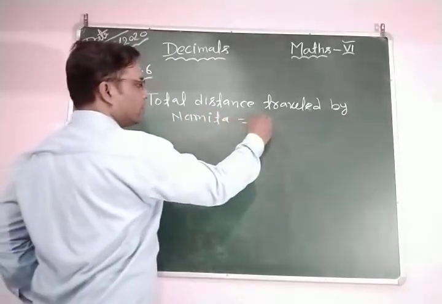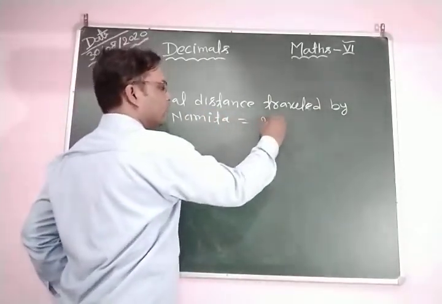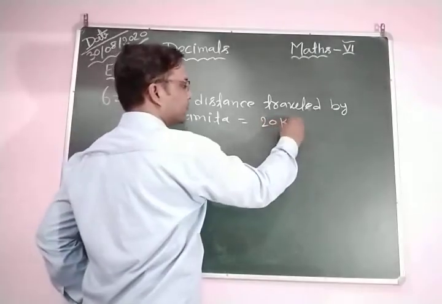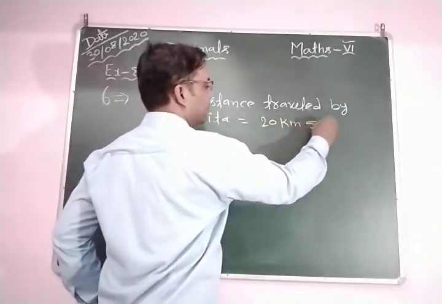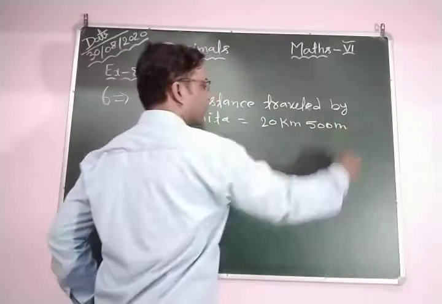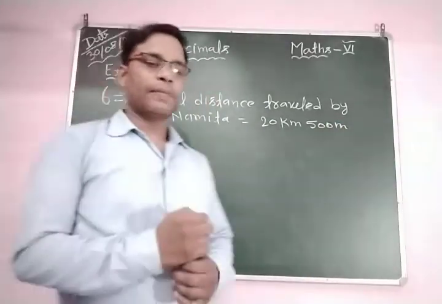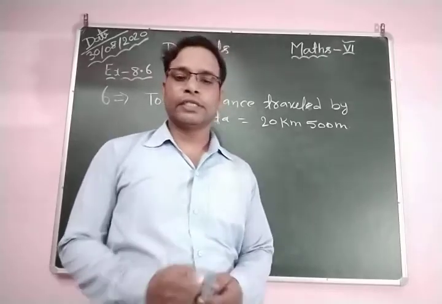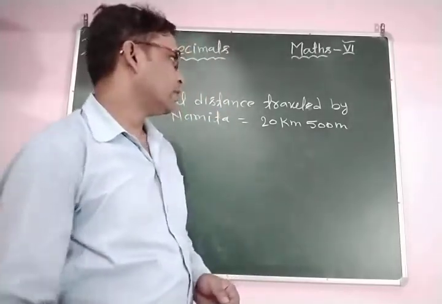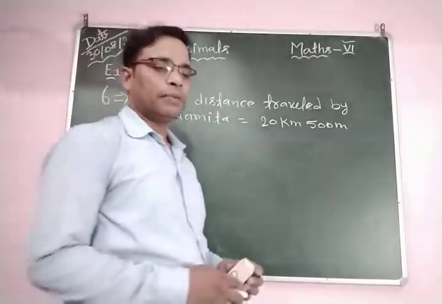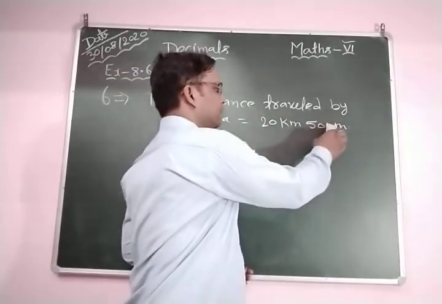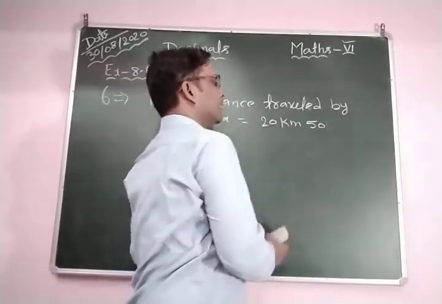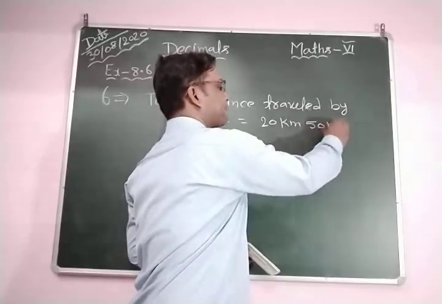This is equal to, this is given, 20 kilometers and 50 meters. Okay, this is 50 meters. Total distance covered by Namita is given.